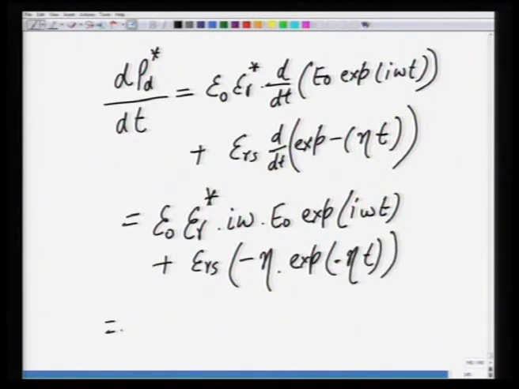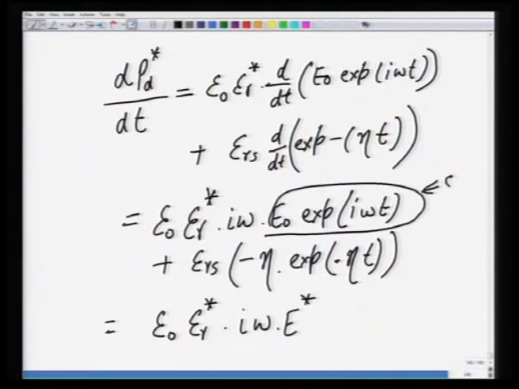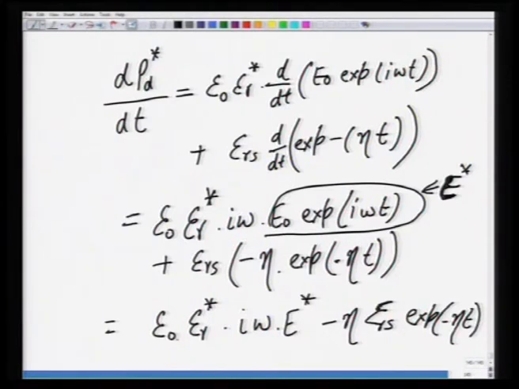So, this becomes equal to epsilon naught epsilon_r star into i omega into E star, because this is again nothing but E star, not epsilon star, E star minus eta epsilon_rs into exponential of minus eta t. Okay. So, this is dP_d star by dt.